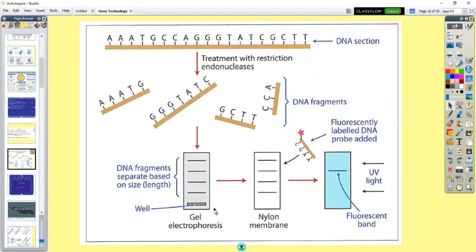That allows the fragments to move. Smaller fragments will move further. Longer fragments will not move as far. You can then transfer that onto a membrane, use your gene probe, and it gives you that fluorescent band, which you can then identify as, again, somebody with diabetes or somebody with cystic fibrosis, etc.